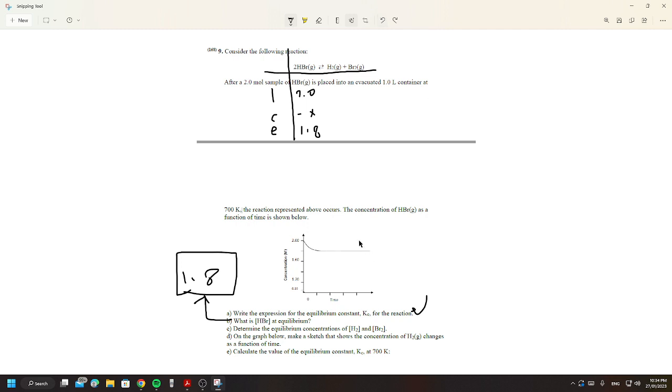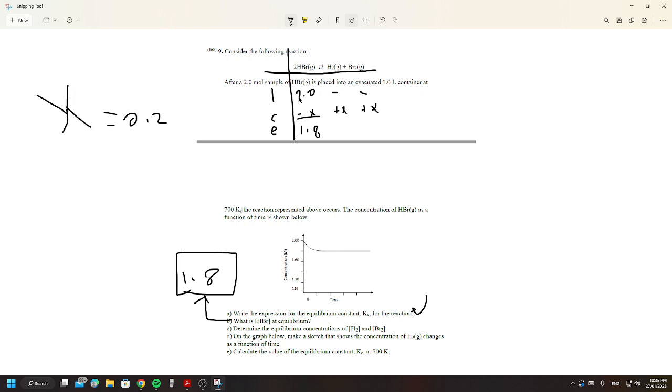Okay, now, what's initially the concentration of H2? We don't know. And Br2, same goes for that. These are produced, so plus x and then plus x. Combine these two together. And also we know minus x is 0.2, because it went down from 2.0.